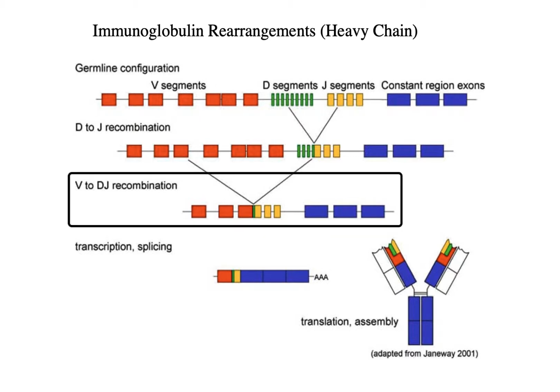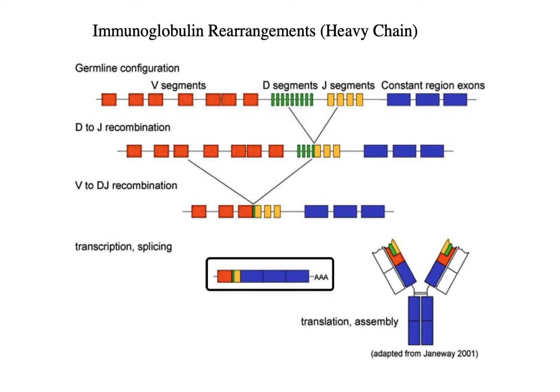And then later on, there's another recombination event, choosing just one of the D segments and retaining 3 of the J segments and the constant regions, but then selecting out only a few of the variable regions. And so once that's transcribed, then it becomes 1 red, 1 green, 1 yellow, and then the 3 blue segments to create that protein, that RNA, and then the immunoglobulin itself.